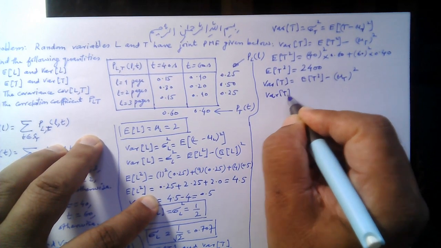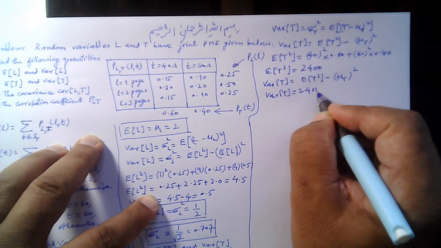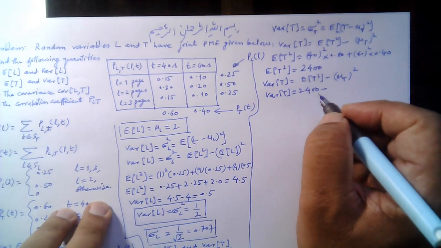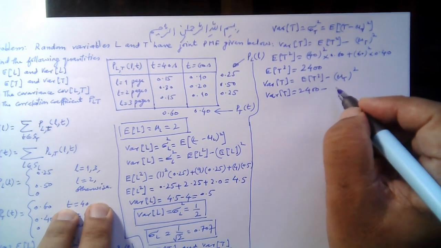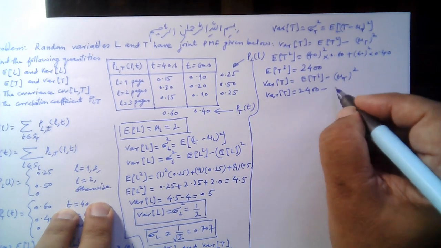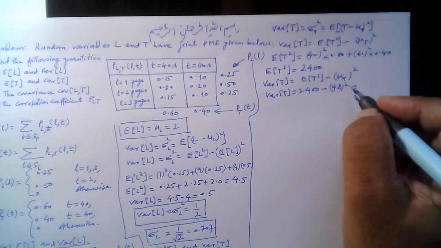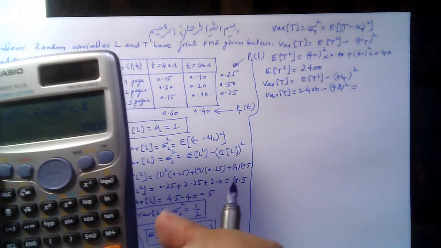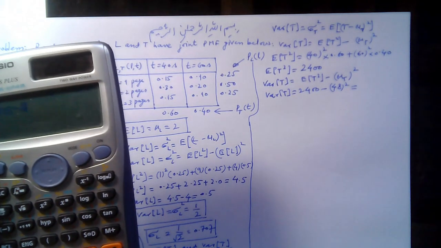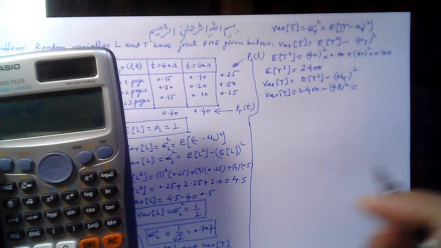The variance of t is equal to 2400 minus the square of the mean value. The mean value was 48, so 48 squared. So 2400 minus 48 squared comes out to be 96.